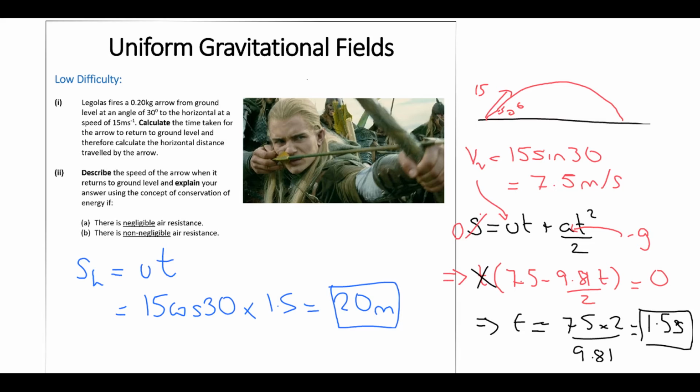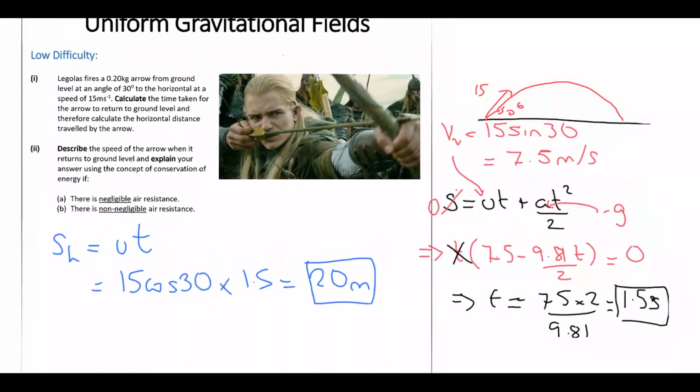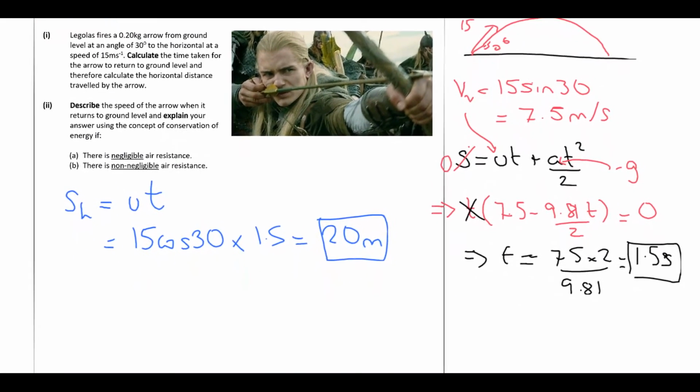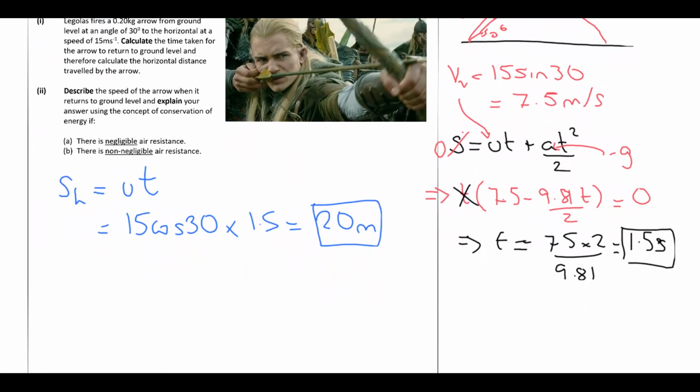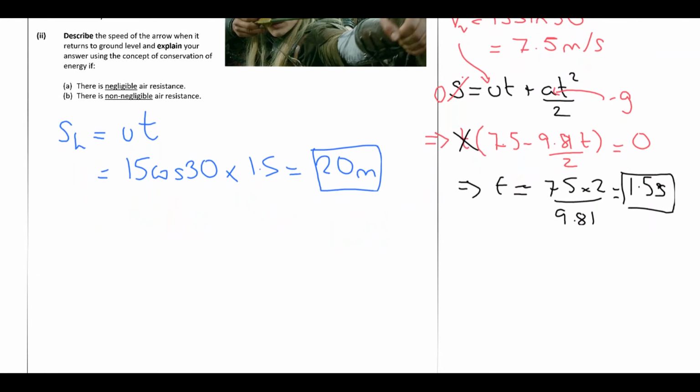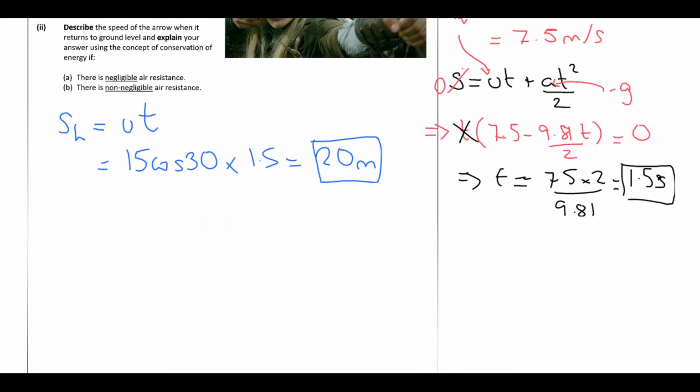Describe the speed of the arrow when it returns to the ground, explaining your answer using the concept of conservation of energy. So let's rule this off so we're not getting mixed up between stuff.